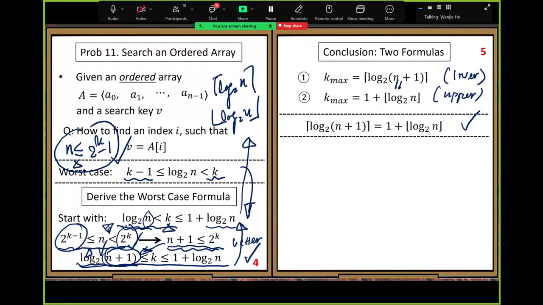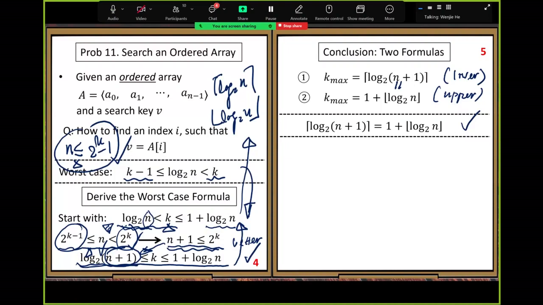So if you really want to show it rigorously, you can apply mathematical induction to prove it. Here we skip the details of the proof. You can see these two versions are both correct for the binary search worst case.